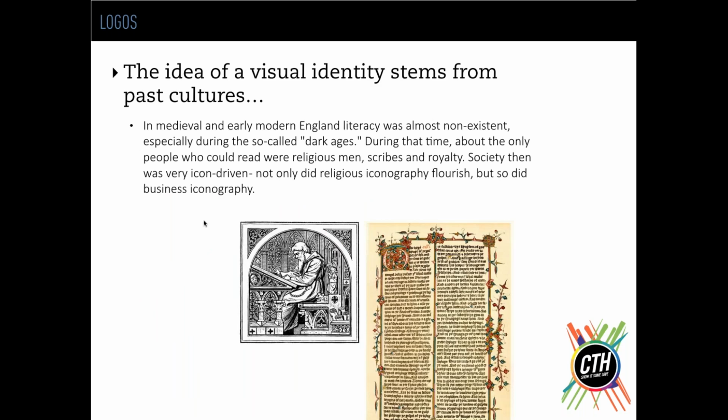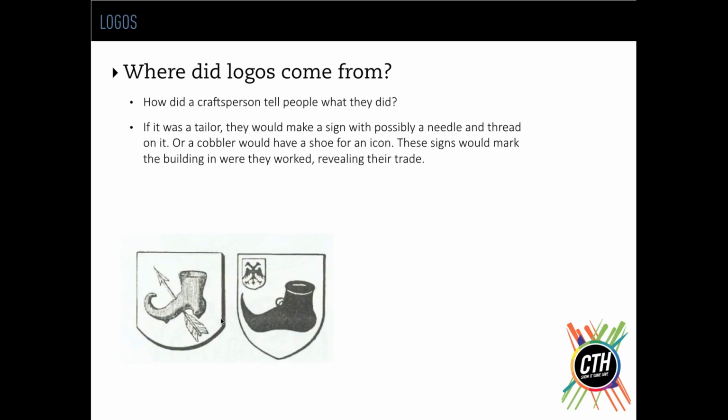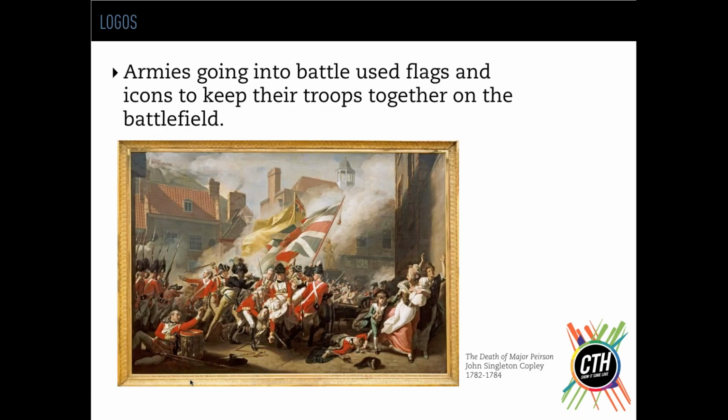If you think about it, these icons come from the olden days before people could read really, and people looked for icons as a way of, if I need my shoe fixed, I go for the sign of the cobbler. So it's an efficient way to communicate information to get people going the right direction that you want.